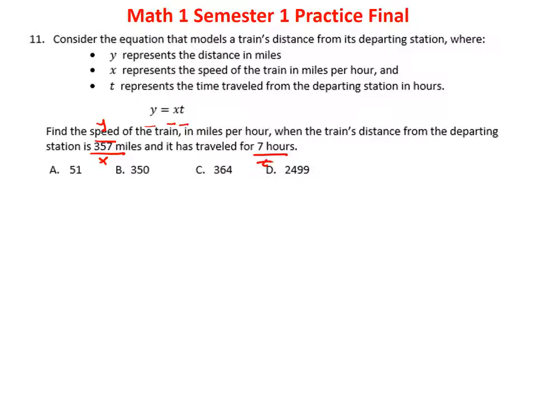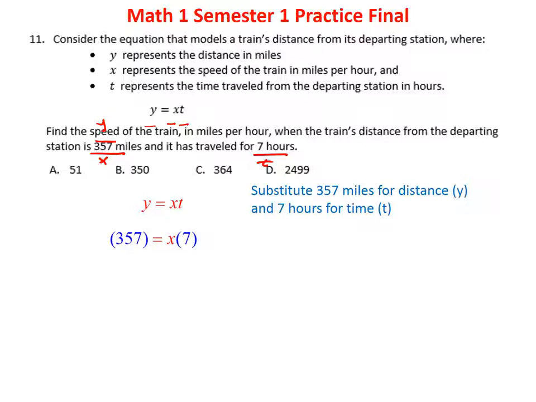That's the time. We simply take our equation and plug in what we know. We substitute 357 for the distance and put in 7 for the hours, and we have the equation 357 equals x times 7.